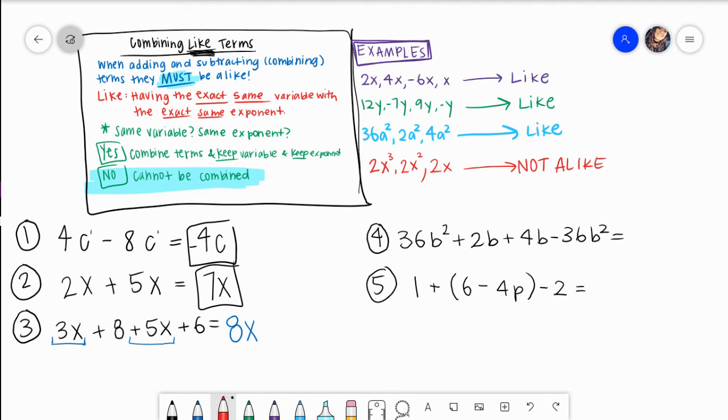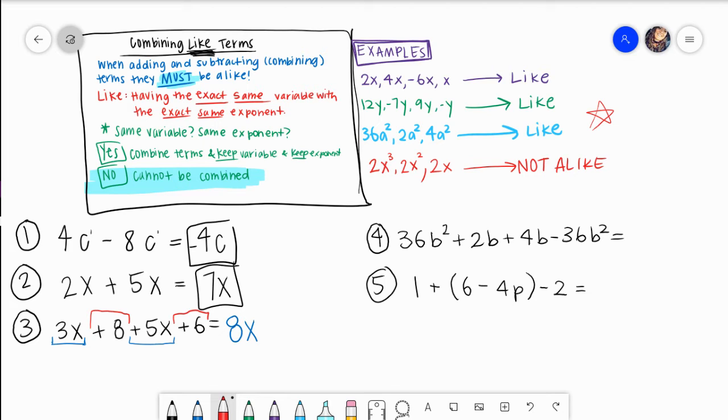Now for my other terms, I didn't show an example of this up here, but if you just have numbers, coefficients, just values that have no variables at all whatsoever, those are all like. So the number 8 and the number 6 are alike in the fact that they may be representing different numerical values, but they don't have a variable and neither of them have an exponent.